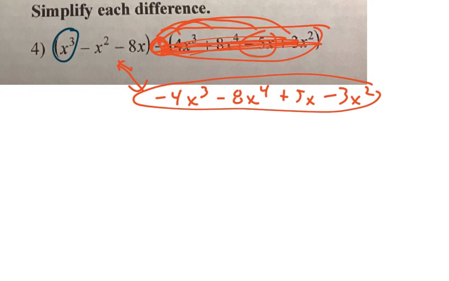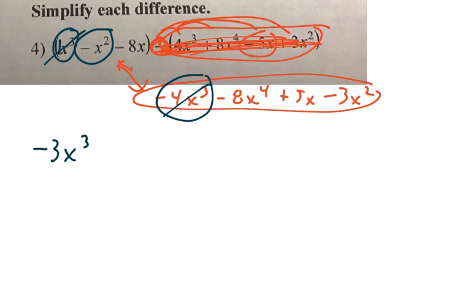So I have an x^3. Here I have a minus 4x^3. 1 minus 4 is negative 3x^3. X^3s are done. I have a minus x^2. At the end here, I have a minus 3x^2. Minus 1 minus 3 is minus 4x^2.